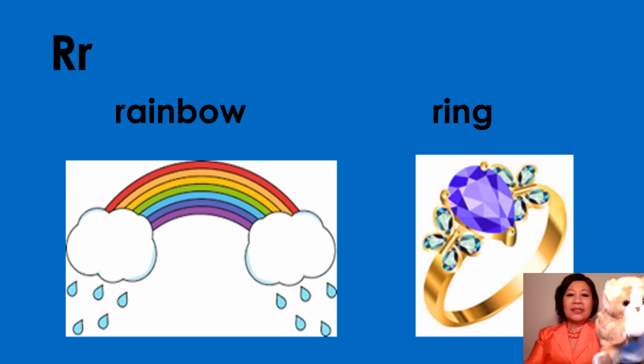R. R says R as in rainbow. A rainbow usually appears in the sky after the rain. R. R says R as in ring. A ring is worn on my fingers or anybody's fingers.